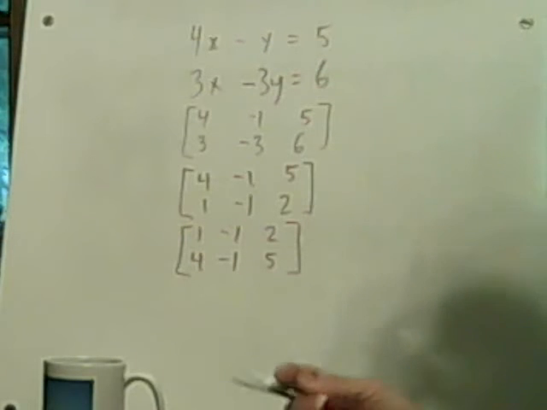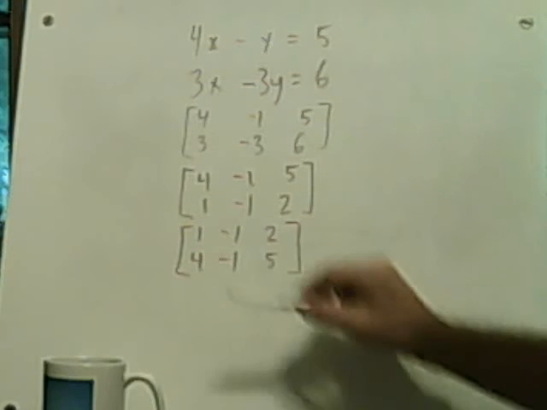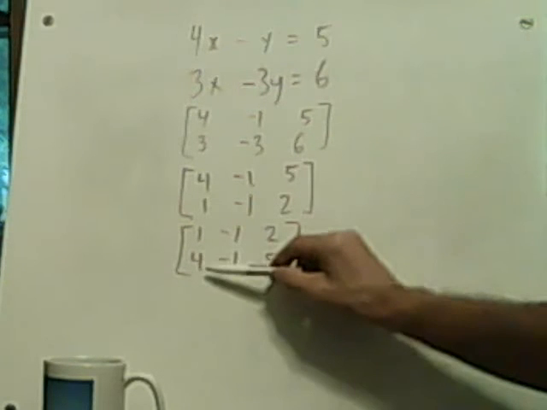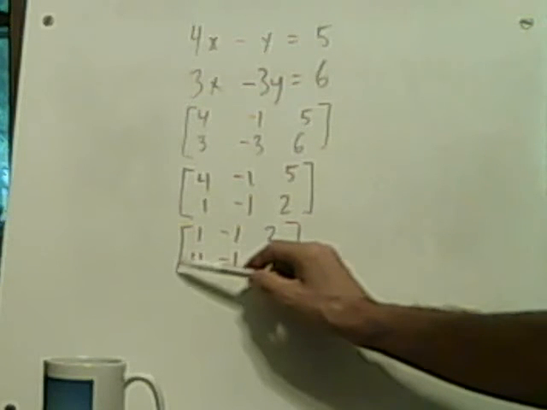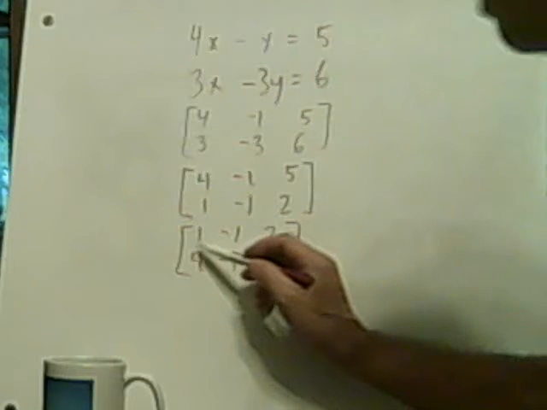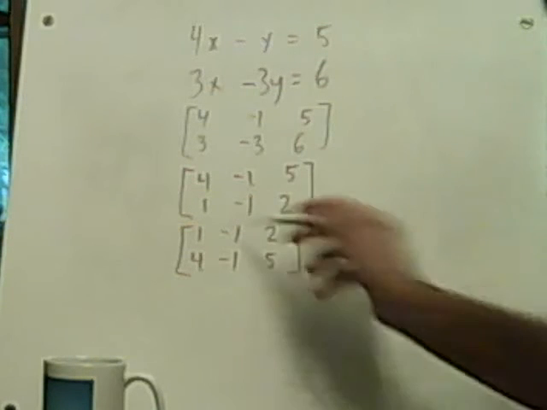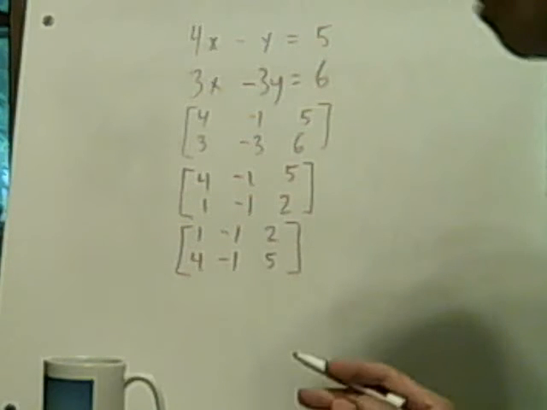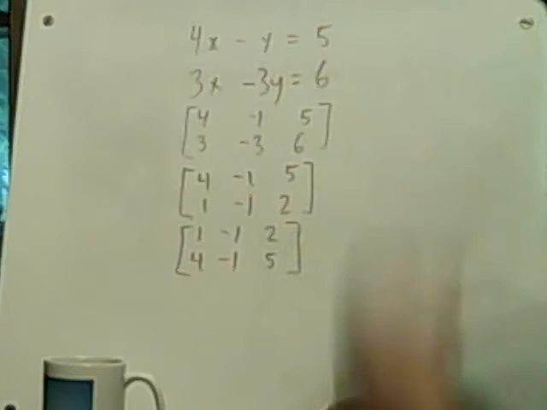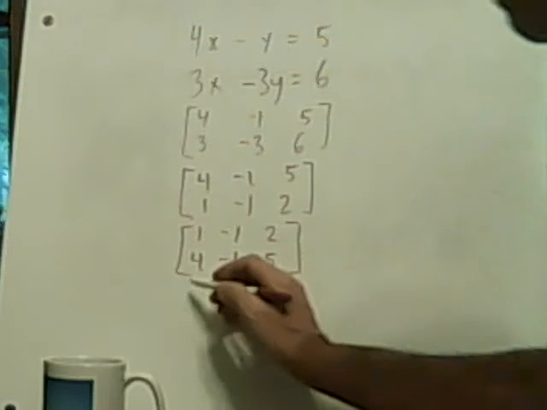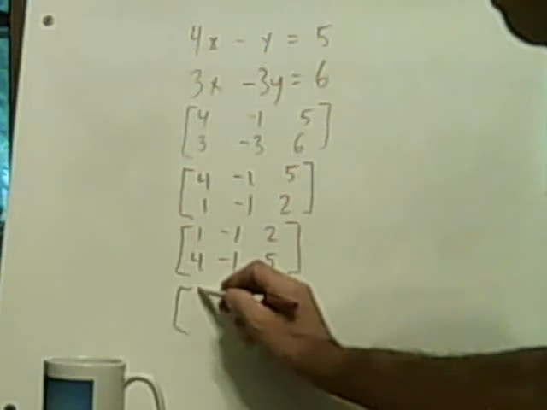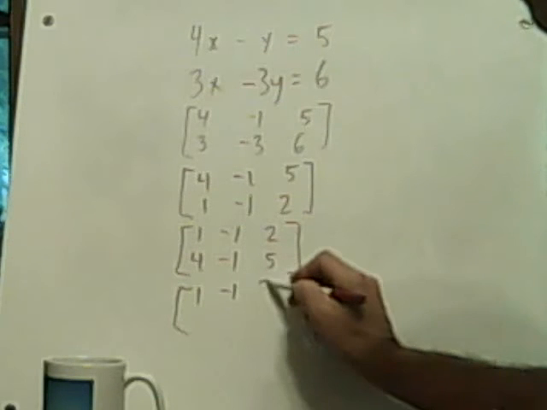And now to get the next one in the next position, to get a 0, not a 1, a 0 in this position, I'm going to multiply the first equation by 4 and then subtract the second equation from it. Okay, that's really the same step that I did last time. So the first one is going to stay exactly the same.